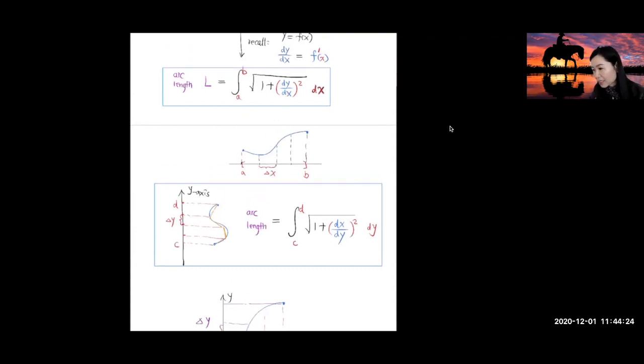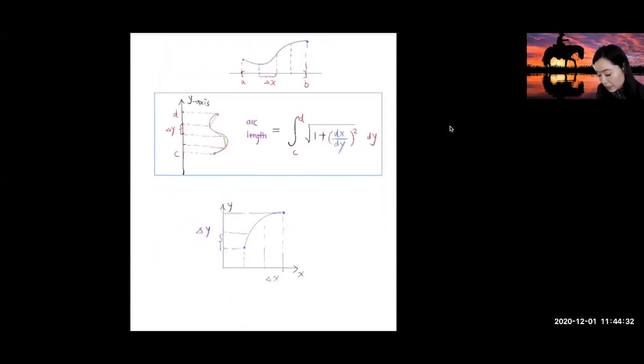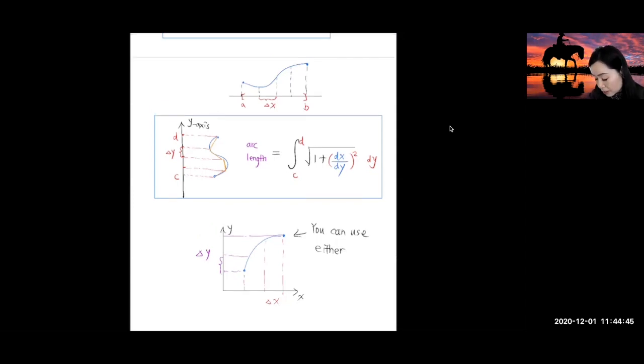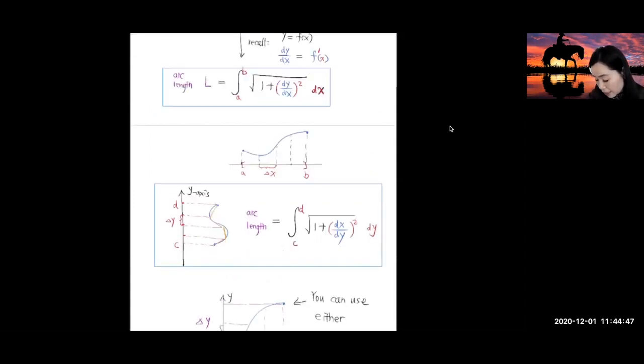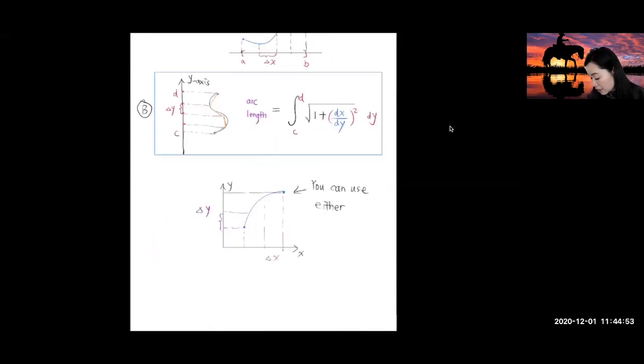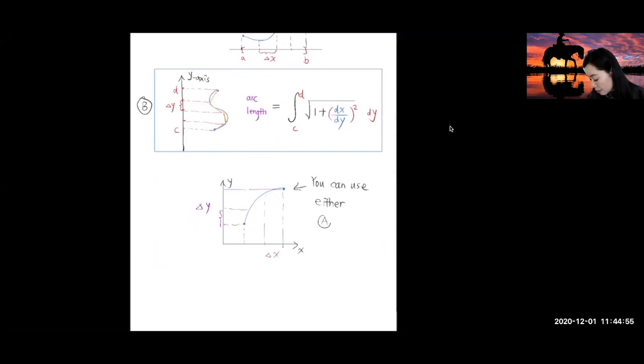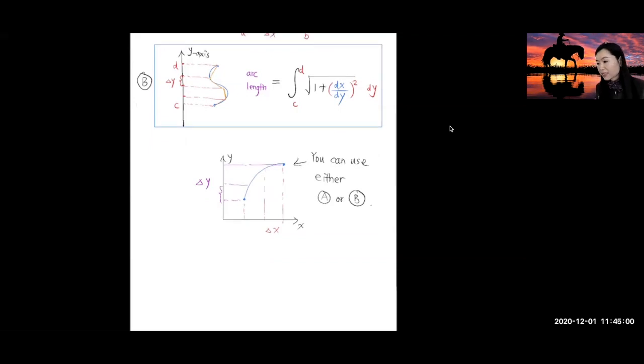Is dy dx easy to find or dx dy easy to find? And then you will choose the easy one. So in this situation, let me label this. Let's call this A and this B. So you can use either A or B. Either one's okay. Question?